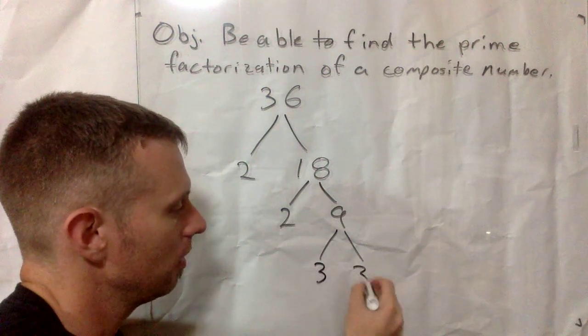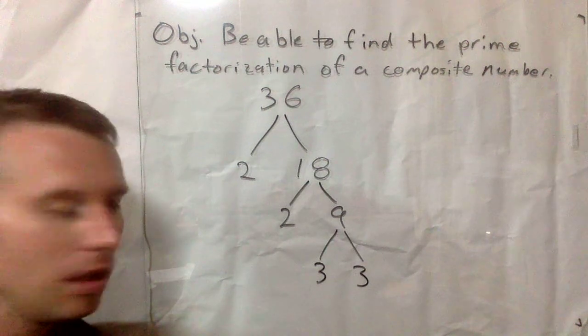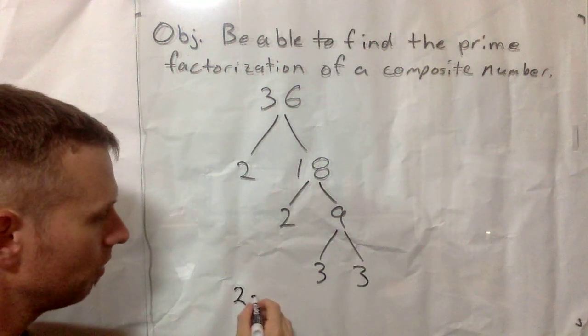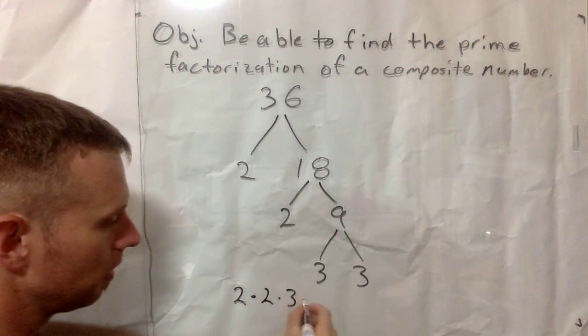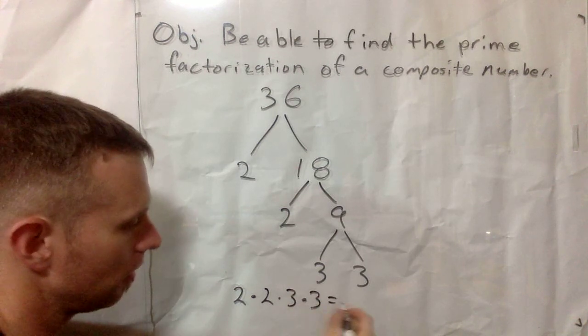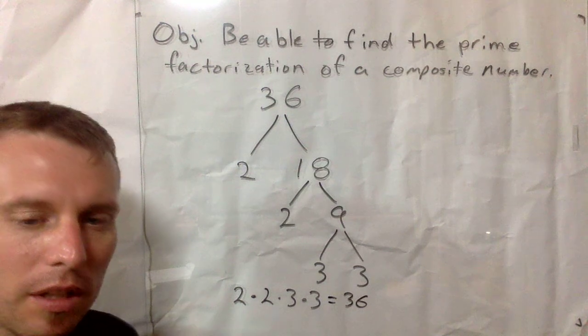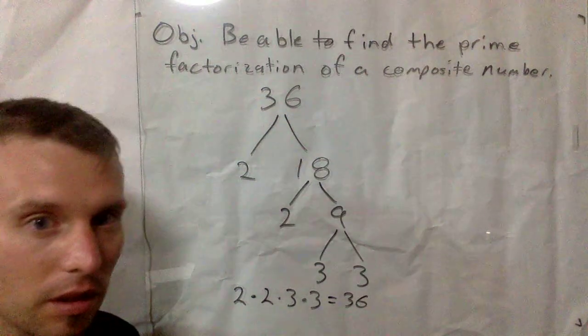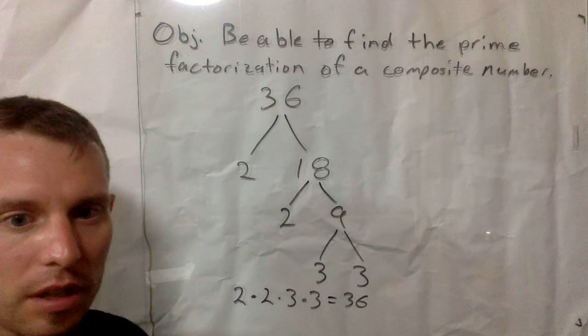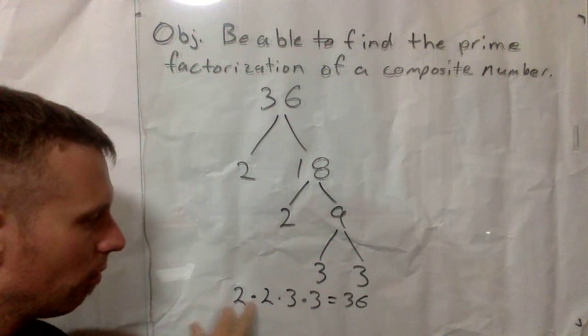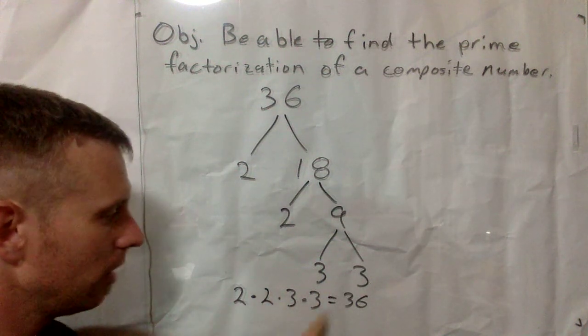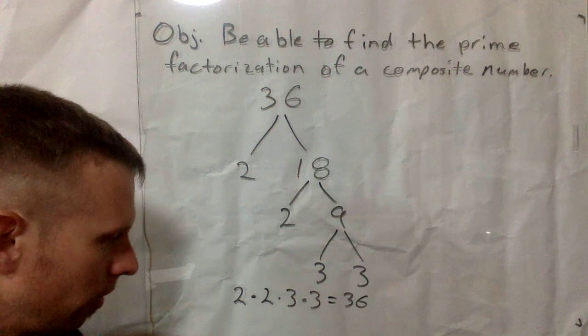Well, that's 3 times 3. So in the end, we have 2 times 2 times 3 times 3 equals 36. And that's the prime factorization for the number 36. All prime numbers, when you multiply them out, they get 36.